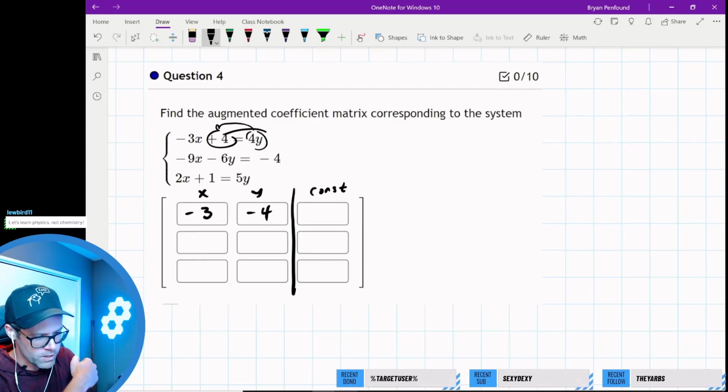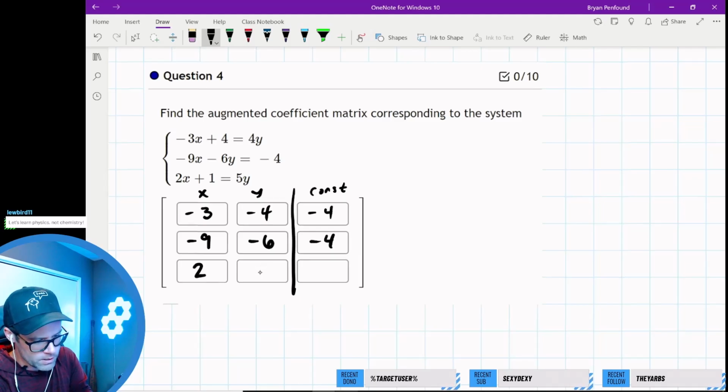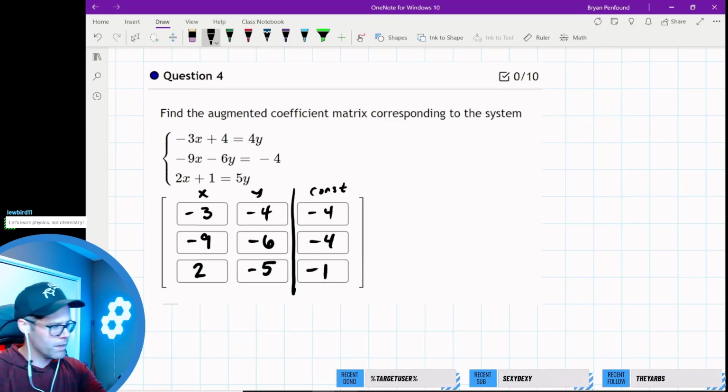And then this 4 is going to have to come over as well to become negative 4. The second row seems fine. We don't need to do any updates here, so we can input that as negative 9, negative 6, negative 4. And then we have 2x minus 5y should be equal to negative 1. So there's going to be our augmented.